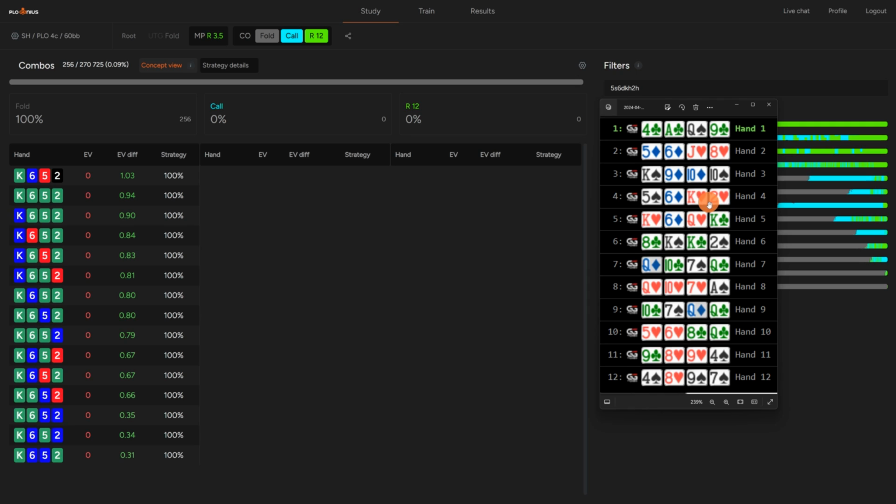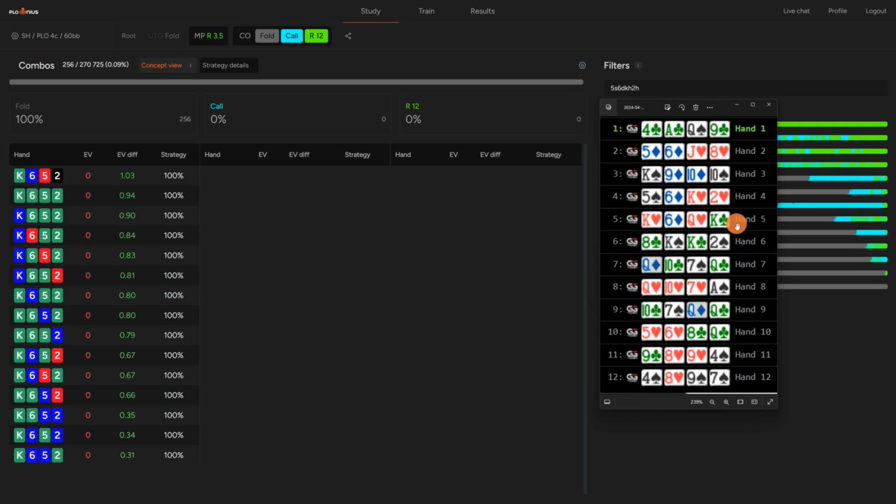So a clear pattern seems to be emerging that, well, we sort of knew that, but looking at the stats previously, we're cold calling way too much in the cutoff when we're raised earlier by either the under the gun or middle position. Let's continue on. Let's try and see if we can guess what we should do before I look.